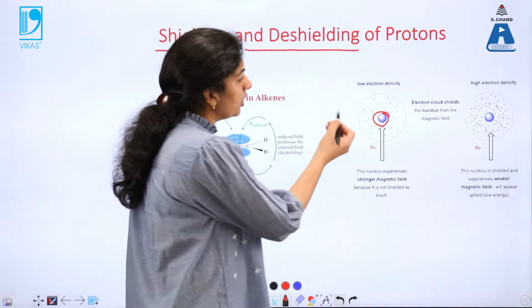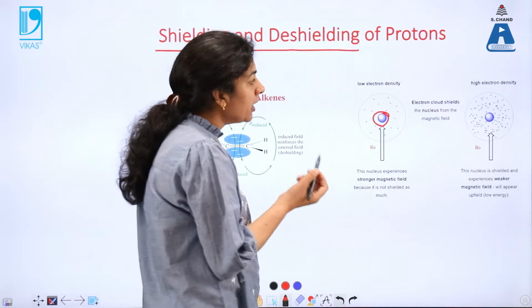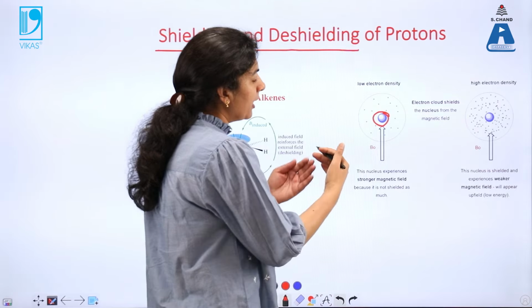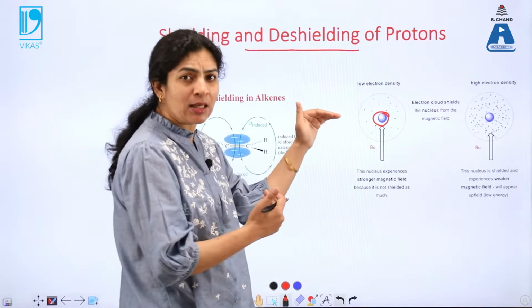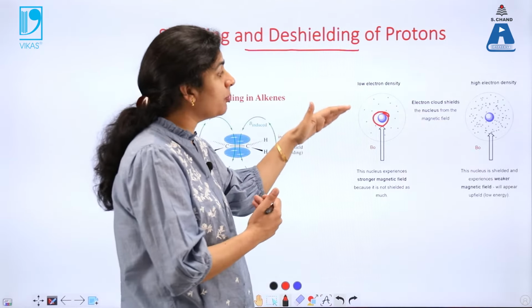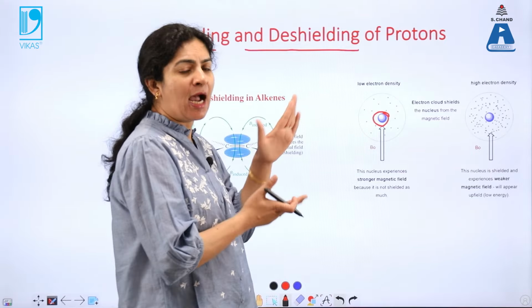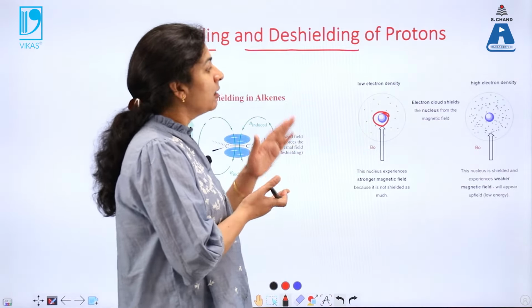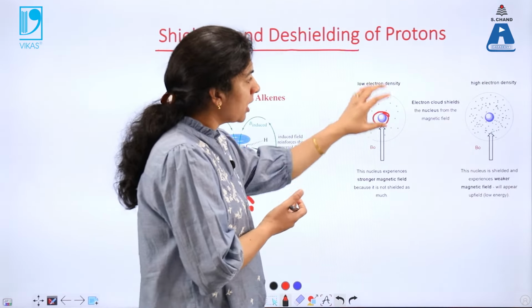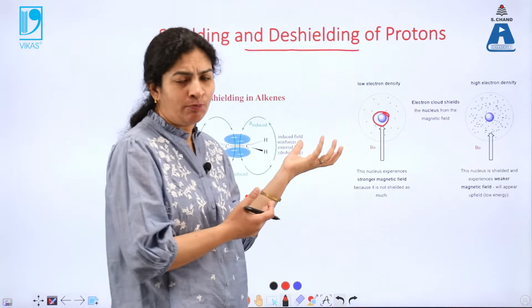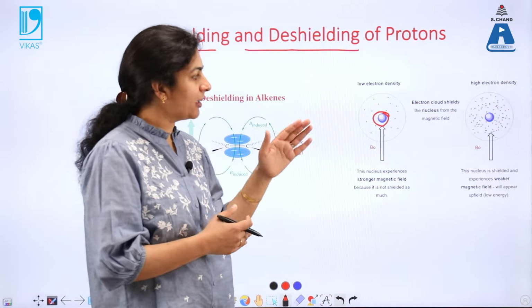These circulating electrons will generate their own magnetic field. So these electrons are in a way acting as a barrier or a shield between the external magnetic field applied and the field which is really experienced by this proton, which is surrounded by these electrons. So these electrons basically shield the effect of the magnetic field.